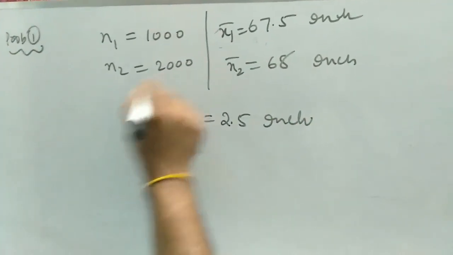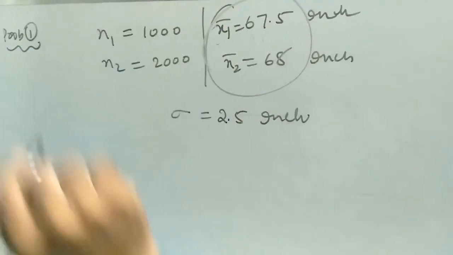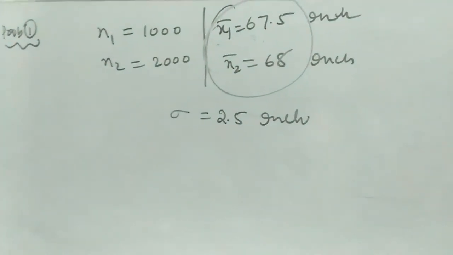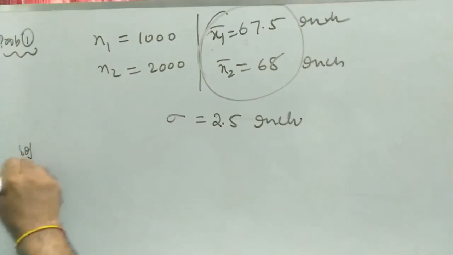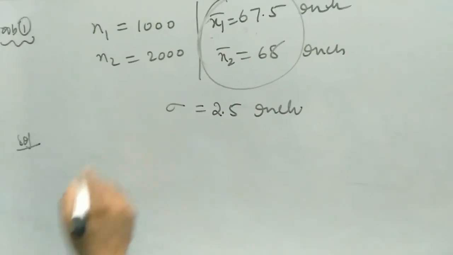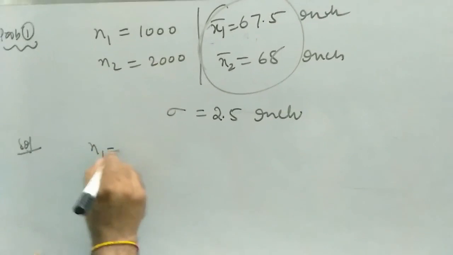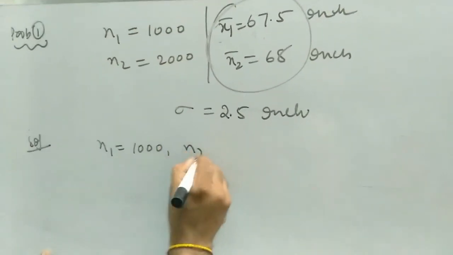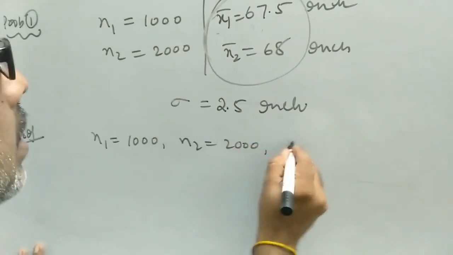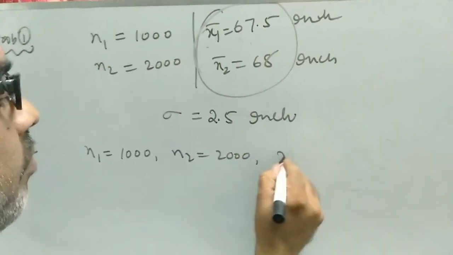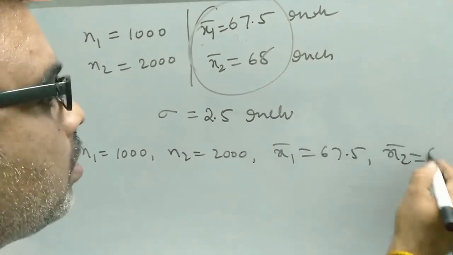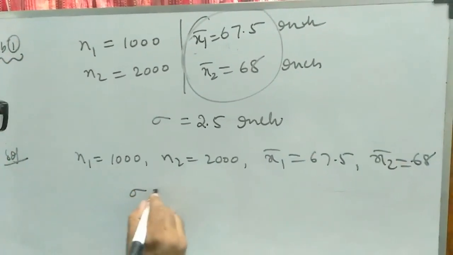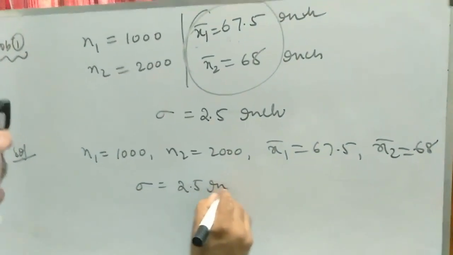That means we have to use the difference of means statistic. Solution. Write the given information: n1 is equal to 1000, n2 is equal to 2000, x1 bar, the mean of the first sample, is 67.5, x2 bar is 68 inches, and also given sigma 2.5 inches.